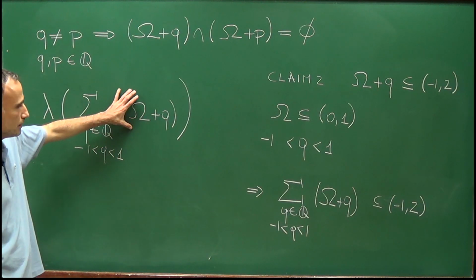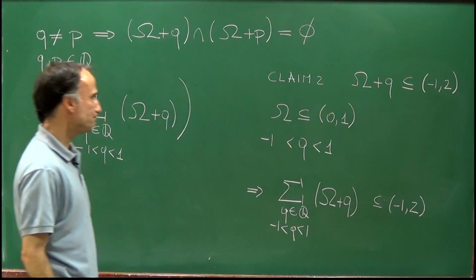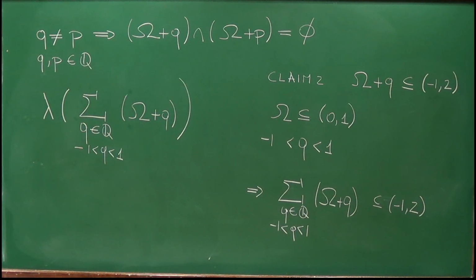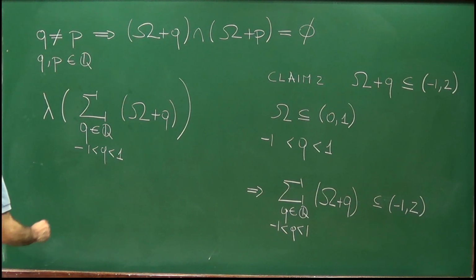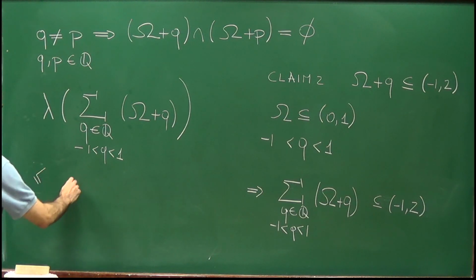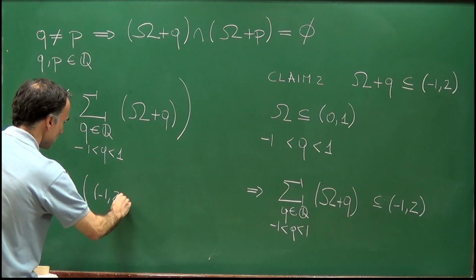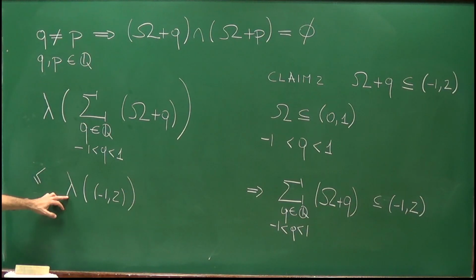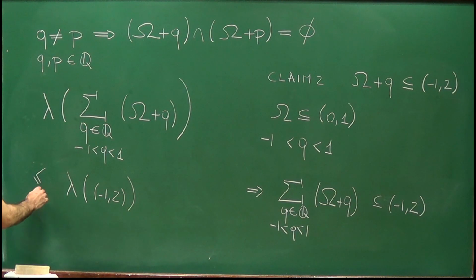So this set, on the one hand, is contained in -1, 2, which means that the measure of this set should be less or equal than the measure of the interval -1, 2. Let me show you why this inequality holds.